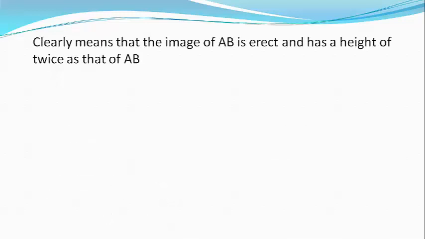That clearly means that the image of the line segment AB will be erect and has a height which is twice as great as the size of AB.